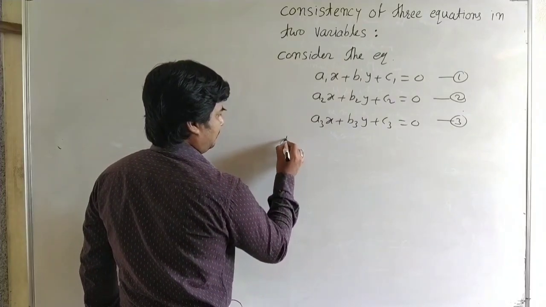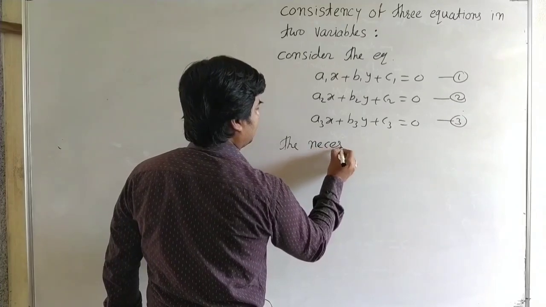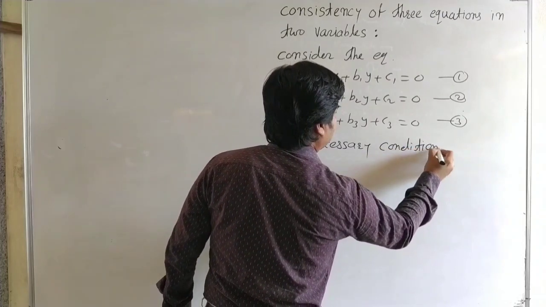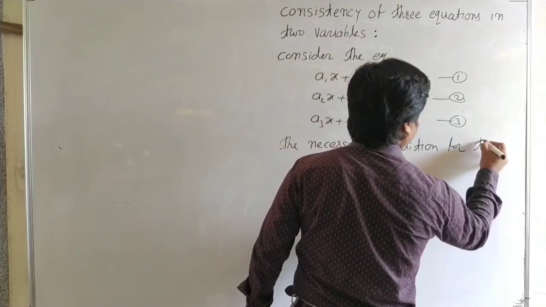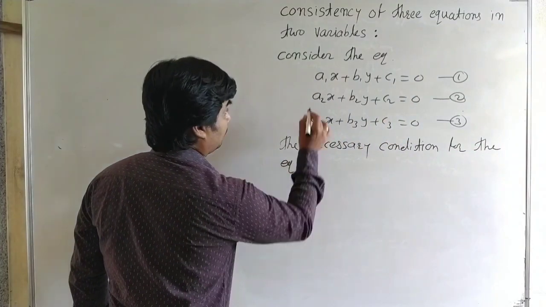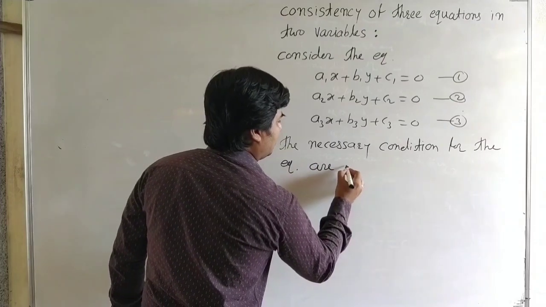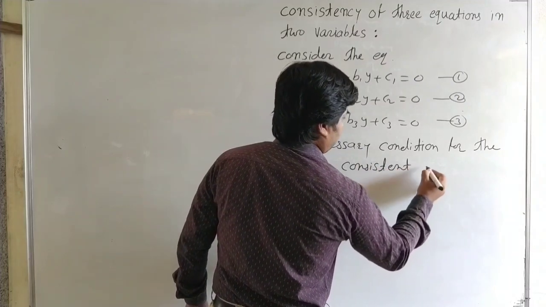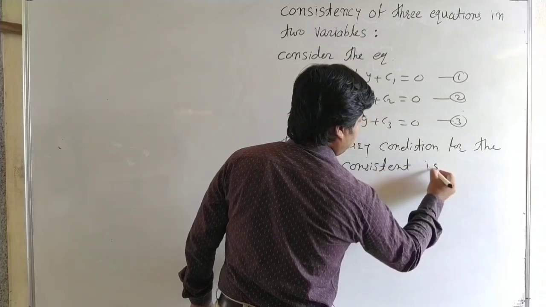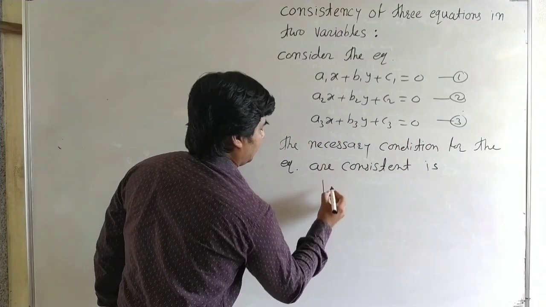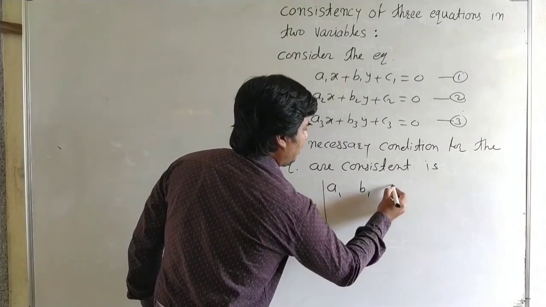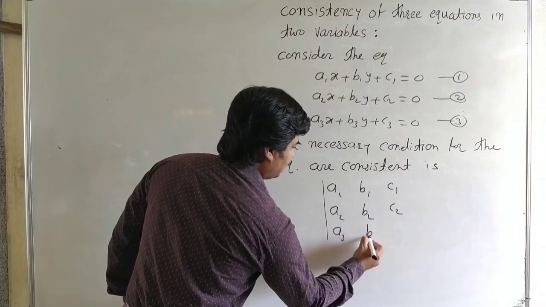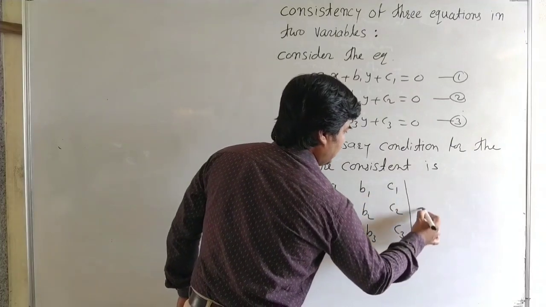The necessary condition for these equations to be consistent is the determinant of A1, B1, C1, A2, B2, C2, A3, B3, C3 is equal to 0.